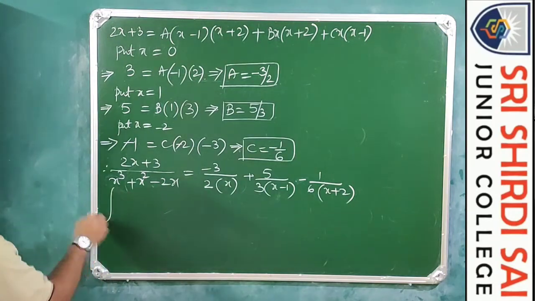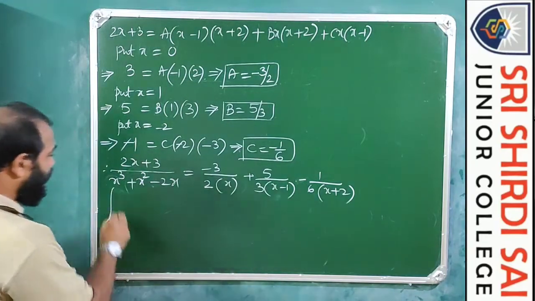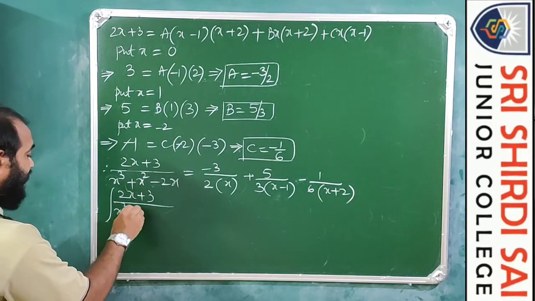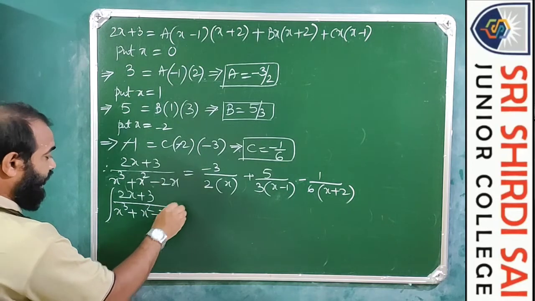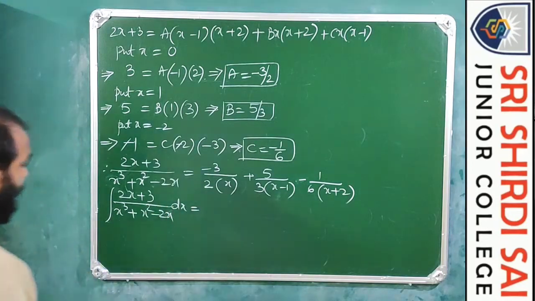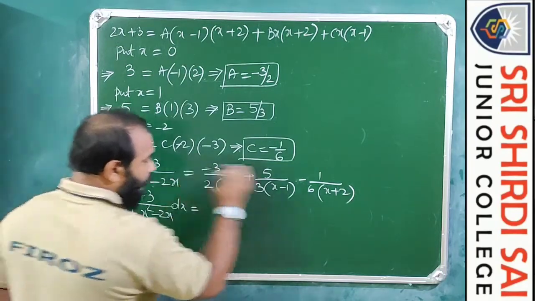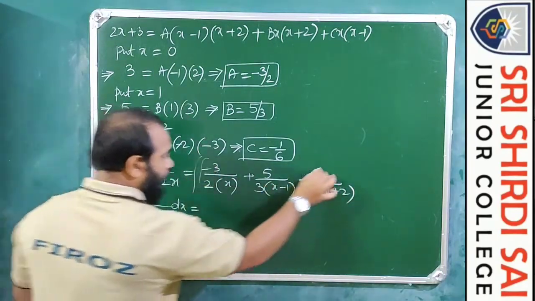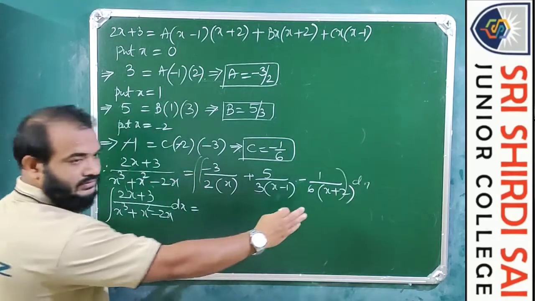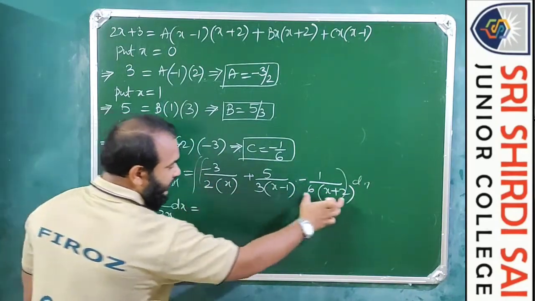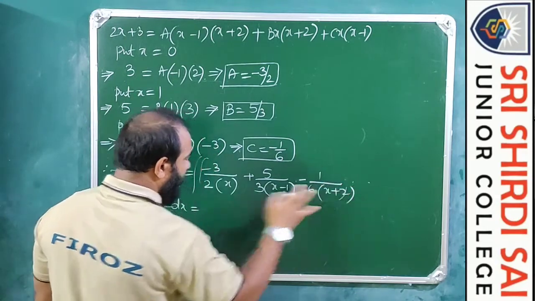Now we have to integrate this, right? So the integral of 2x plus 3 by x cube plus x square minus 2x dx is equal to the integral dx of this.